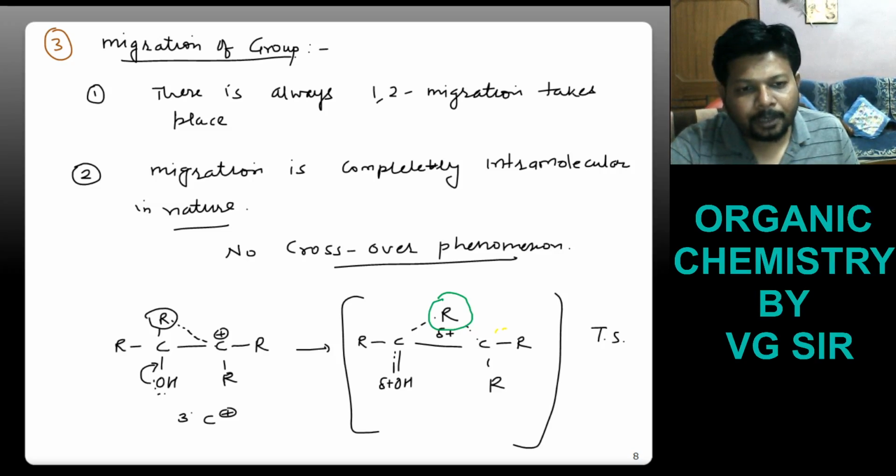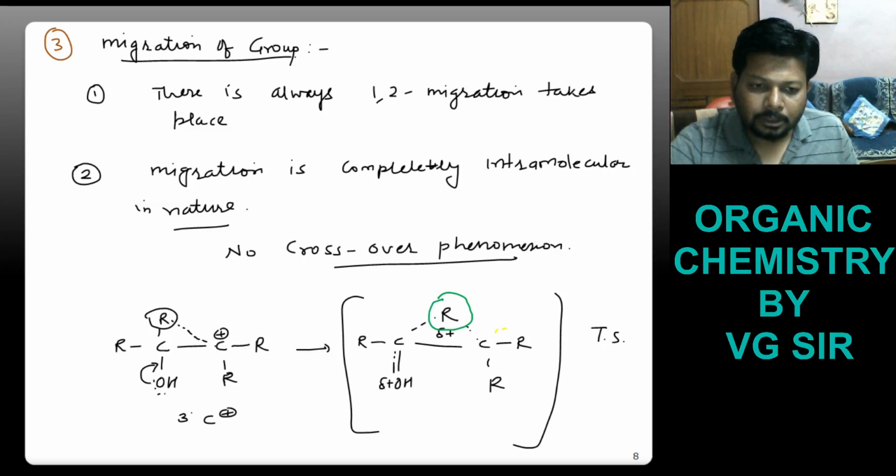It is bonded with both the carbons during migration, in the transition state, as well as this oxygen has initiated the donation of an electron pair towards this carbon. So these two phenomena take place simultaneously, it is a kind of concerted reaction. So the participation of the lone pair and the migration of the group always take place simultaneously. Is that clear? So that's why there is no crossover experiment.